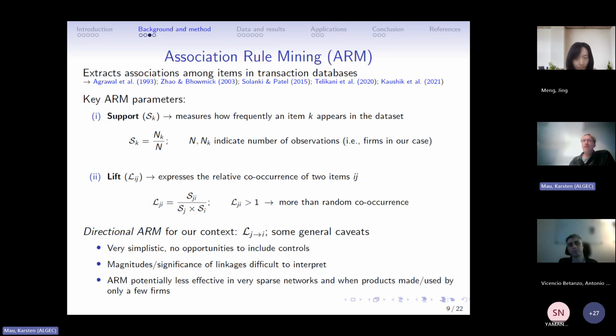One drawback might be that the magnitude of this lift ratio here, this L, is a bit difficult to interpret, right? So that's something that is a bit tricky, and that requires some more thinking on how to use those measures really. I think we cannot directly infer some input or output coefficients from this because it's really a different measure here.